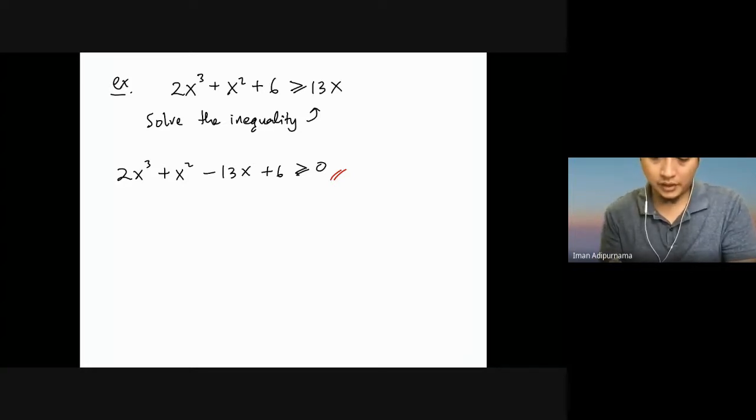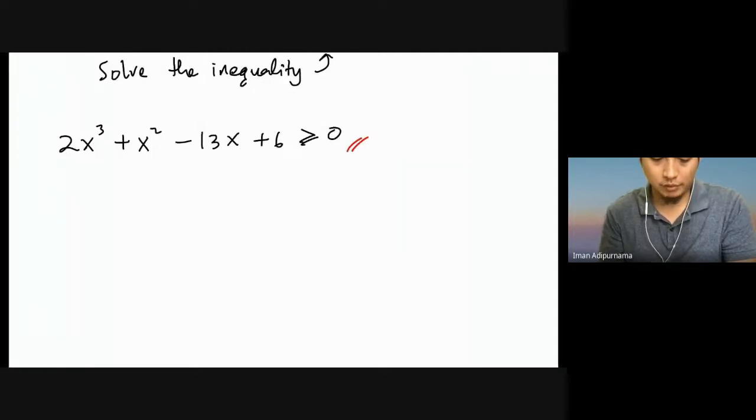How to factor? Remember, you have 2, you have 6. We may have a factor of 6 divided by a factor of 2. The factors of 6 are plus minus 1, plus minus 6, plus minus 2, plus minus 3. For this one, plus minus 1, plus minus 2.